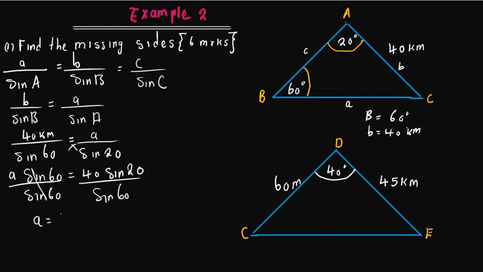We are getting 15.8 kilometers. We can therefore say that the distance BC, which was being represented by the letter A, is equal to 15.8 kilometers.